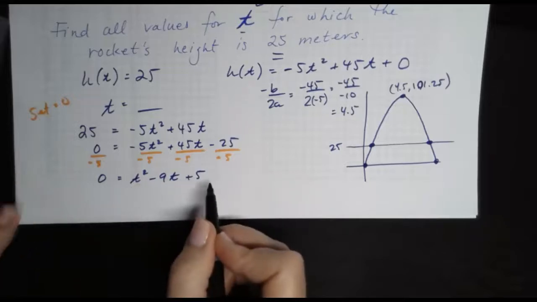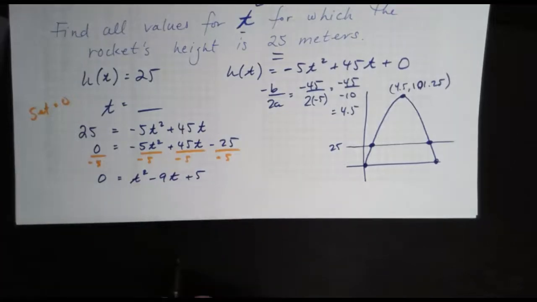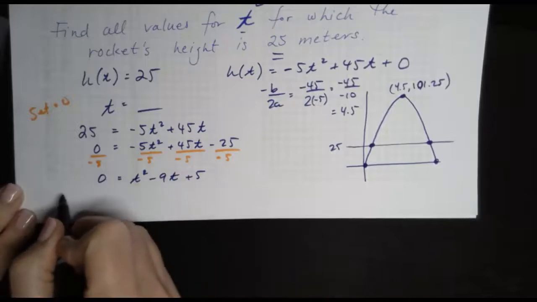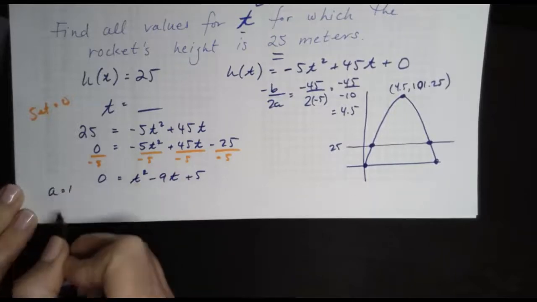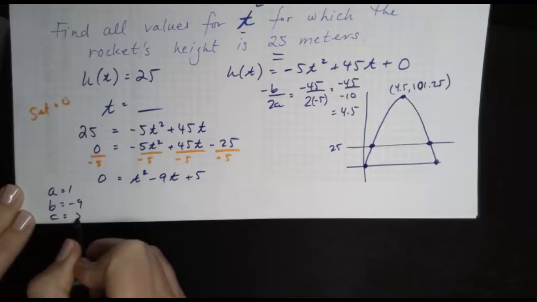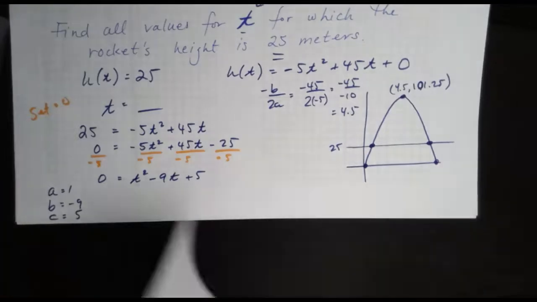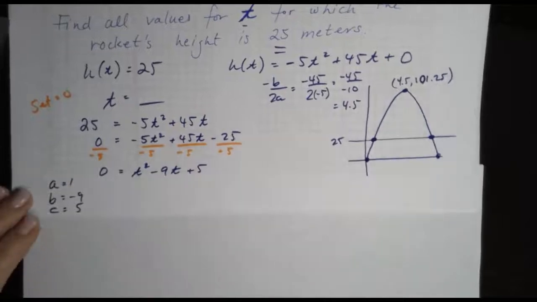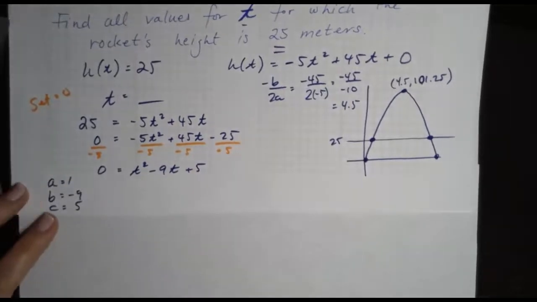So we end up with a very much simplified quadratic equation here with a equaling 1, b equaling negative 9, and c equaling 5.